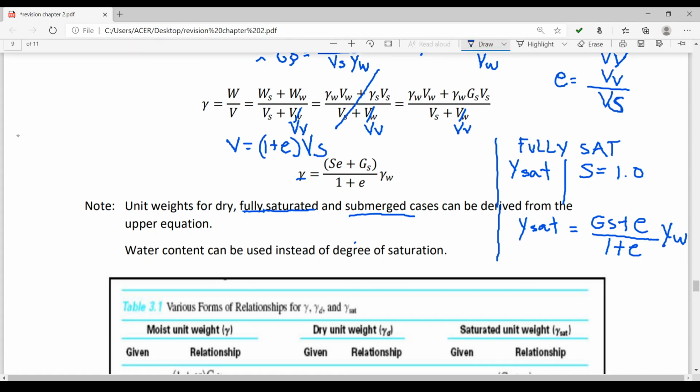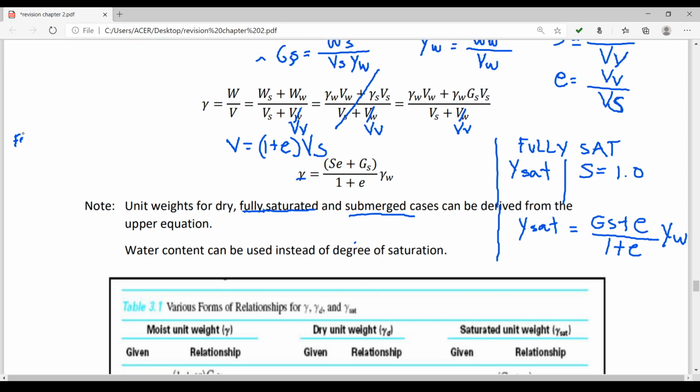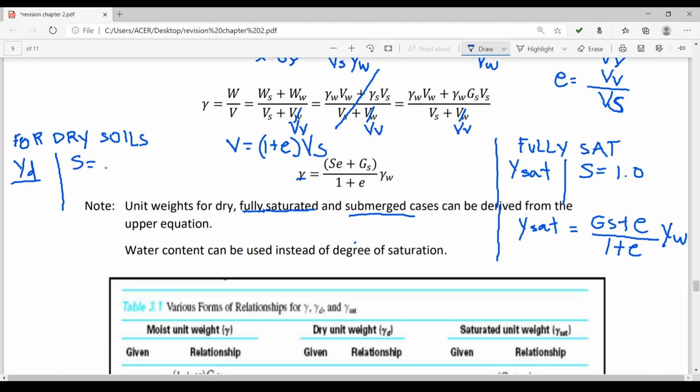So, for fully dry soils or dry soils, the dry unit weight would be, this is the dry unit weight. Okay? If we consider it as a dry soil, then we all know that the degree of saturation is equal to 0. Why? Degree of saturation is the volume of water all over the volume of your voids.